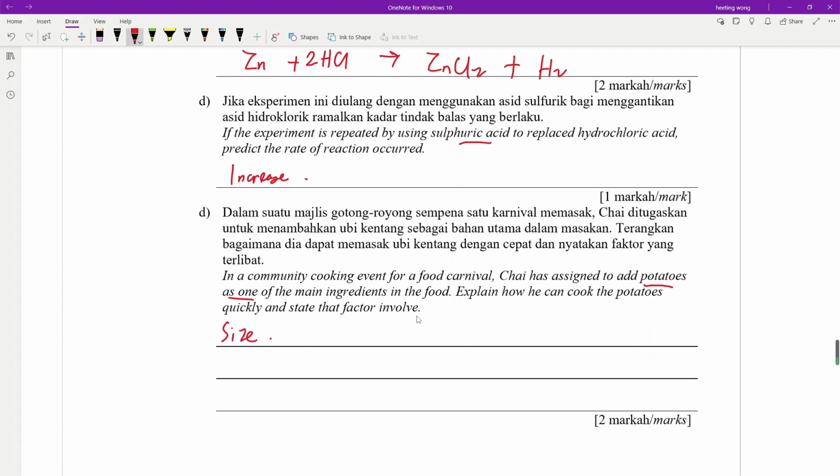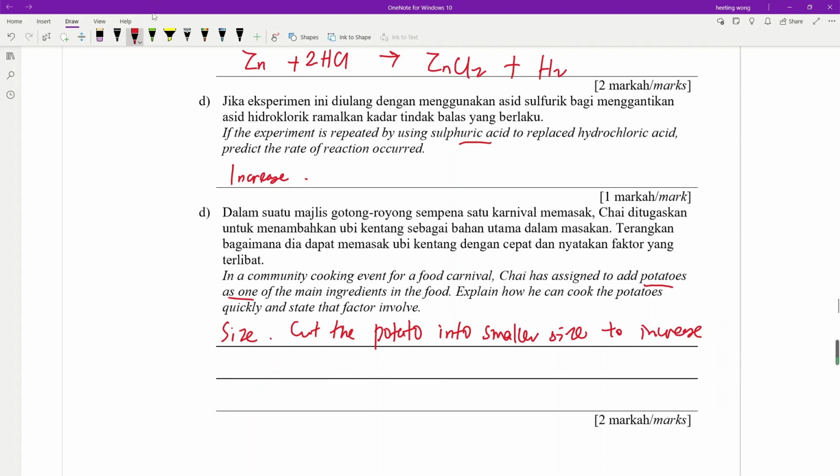Okay, so he can cut the potato into a smaller size, to increase the rate of reaction. We mention to increase the total surface area.